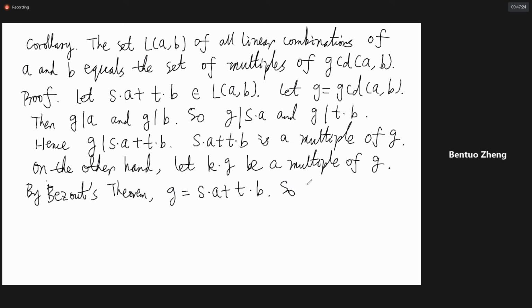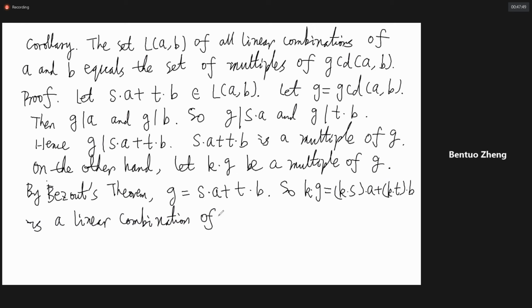So K times G would be K times S, A plus K times T times B, which is a linear combination of A and B. Okay, this finishes the proof.